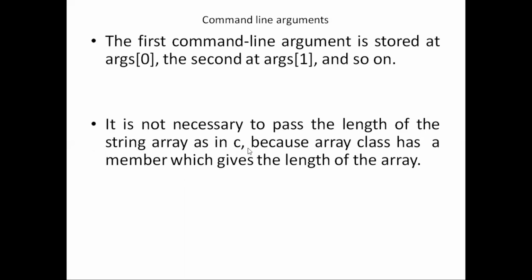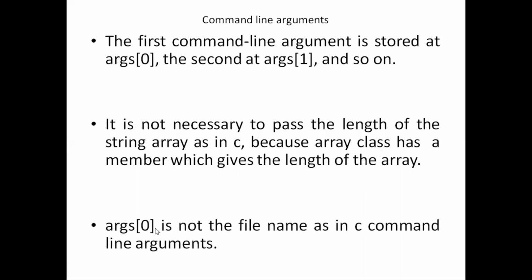It is not necessary to pass the length of the string array as in C. In C we should pass the length, because here the array class has a member which gives the length of the array. As we said, array is a class in Java and it has an instance variable which stores the number of elements in the array, that is the length of the array. args[0] is not the file name. When I say java practice, that is just the file name.